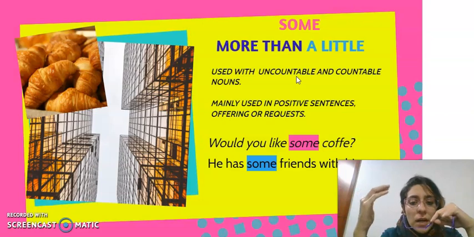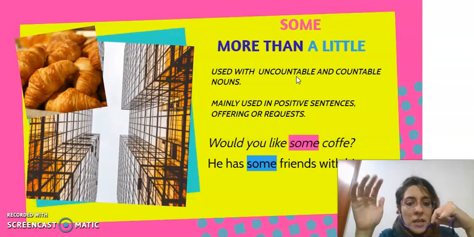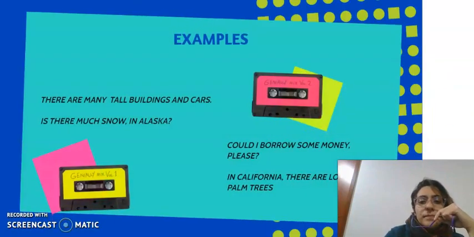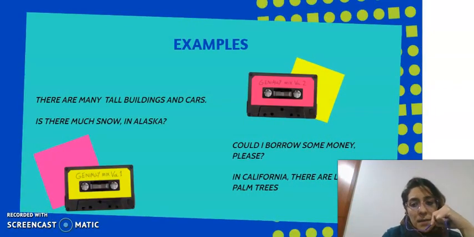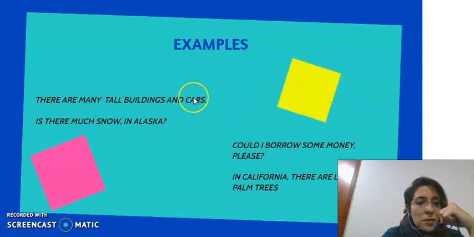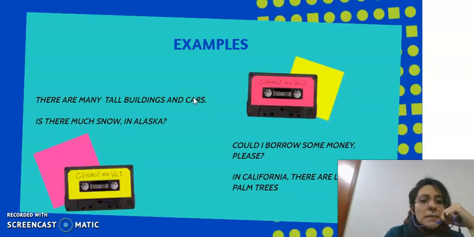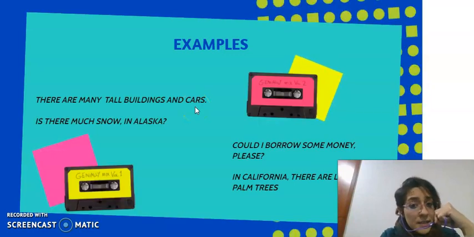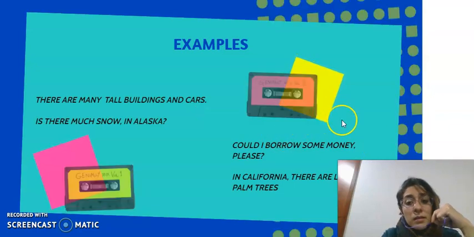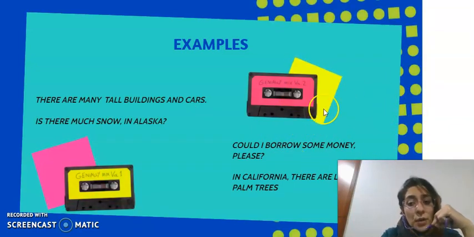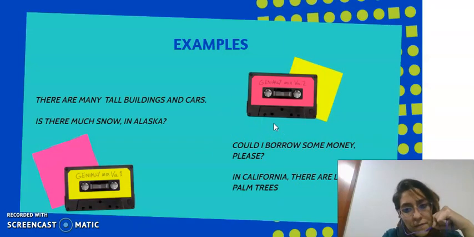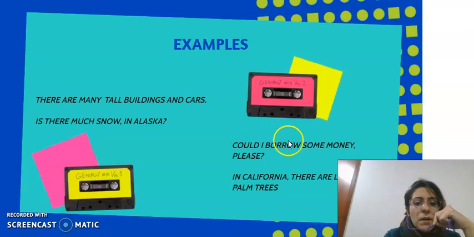And we have the other example, he has some friends with him. And other examples here: there are many tall buildings and cars. Is there much snow in Alaska? Could I borrow some money, please? Some for a request, that is the case here. And in California, there are lots of palm trees.